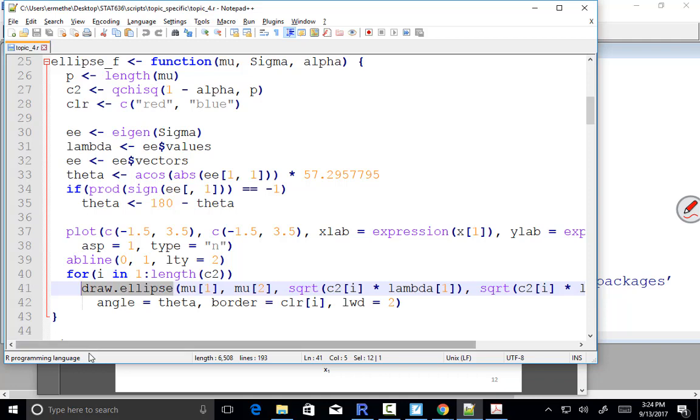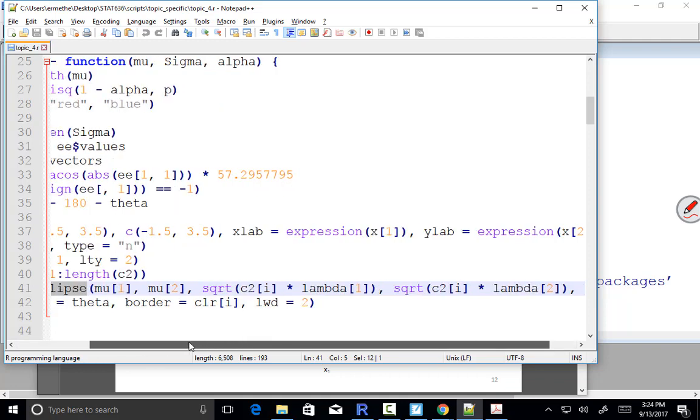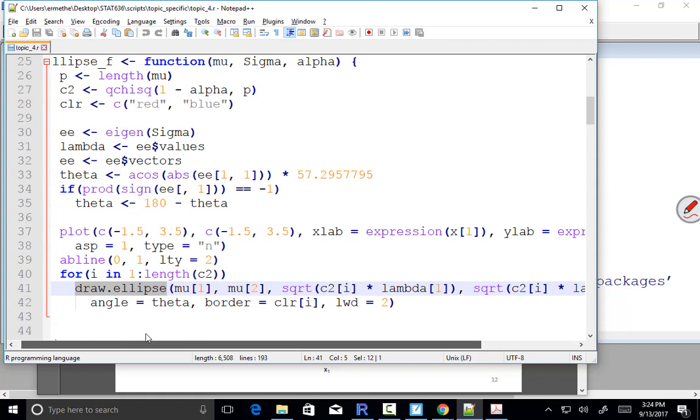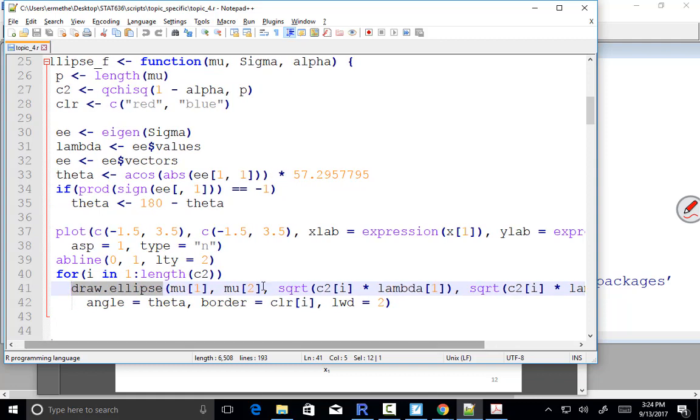I think I talked about this briefly in the Q&A, but the way I'm going to use draw.ellipse is first I'm going to tell it where's the center, where's the origin of the ellipse. And for us, that's the mean. With 2 dimensions, it's mu1, mu2. That's the center of the ellipse.